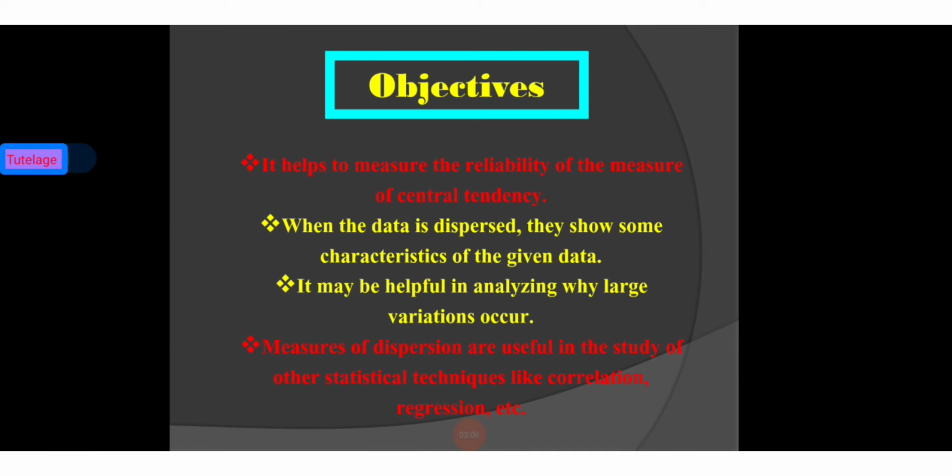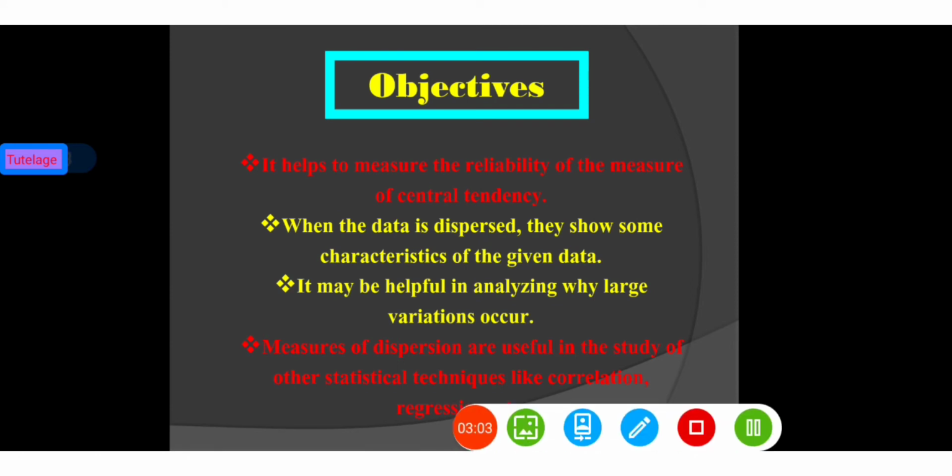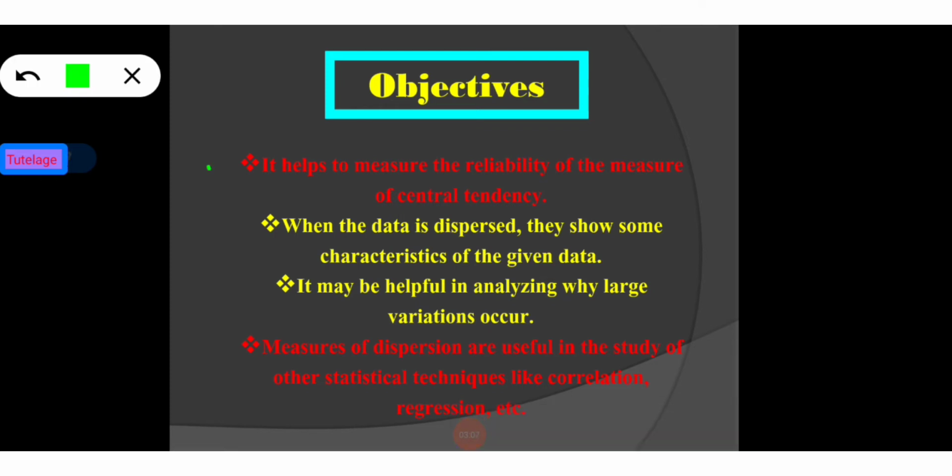So here we can see some objectives of the measures of dispersion. So the first one is that measures of dispersion help to measure the reliability of the measure of central tendency. So it is useful in finding out whether an average is a true representation of the series or not.